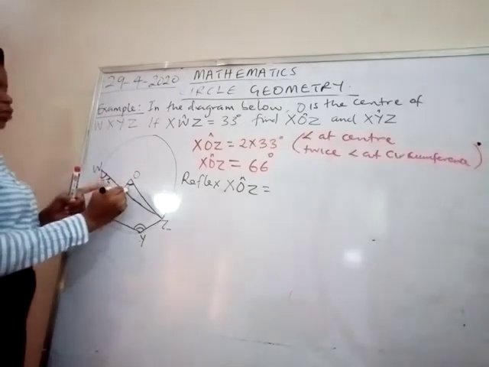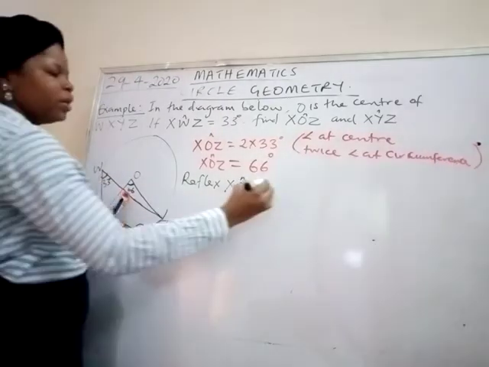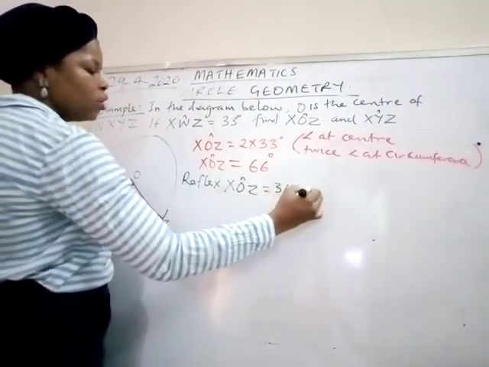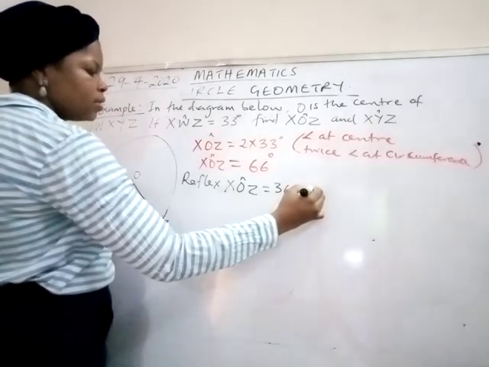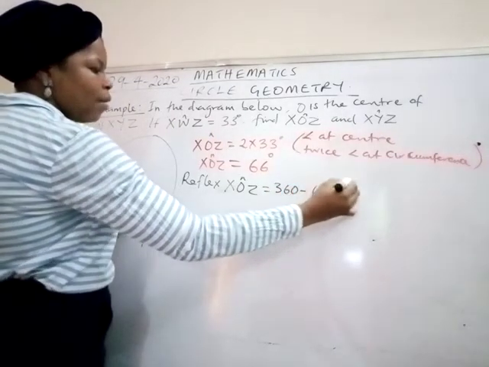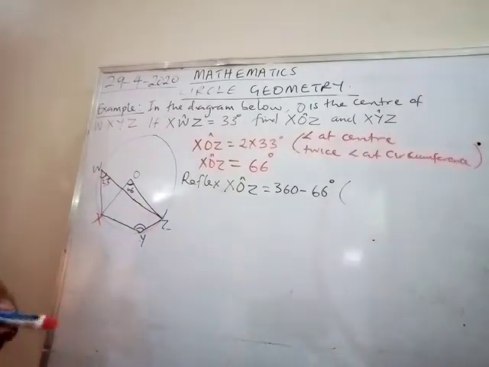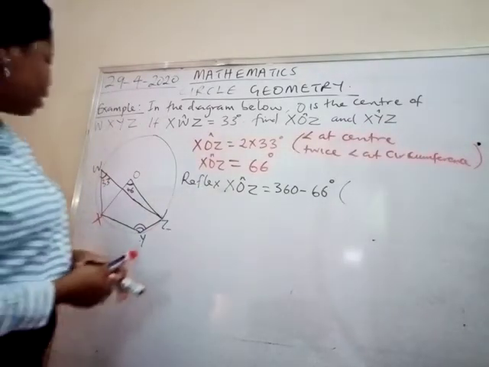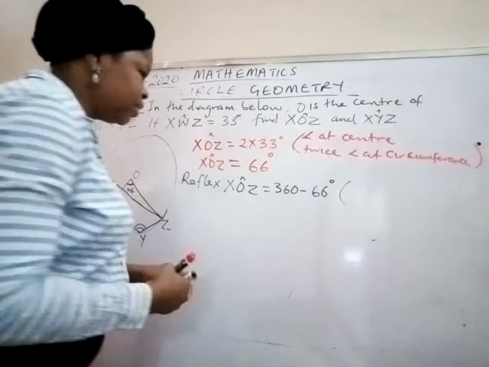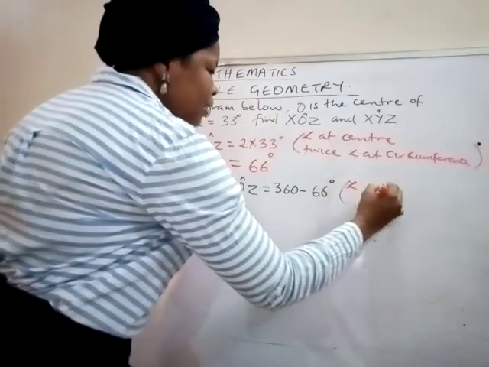What is the reflex angle? Because I know this angle to be 66 now, it's going to be 360 degrees minus 66. And what is the reason? The reason is angle at a point is 360 degrees. Angle at a point.